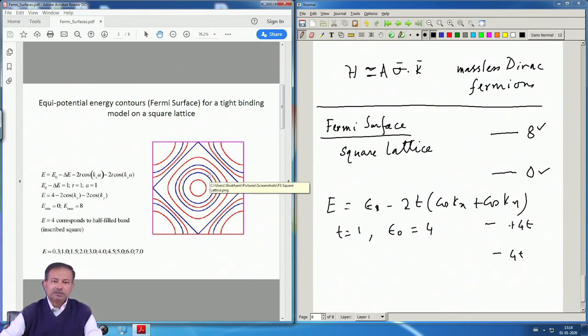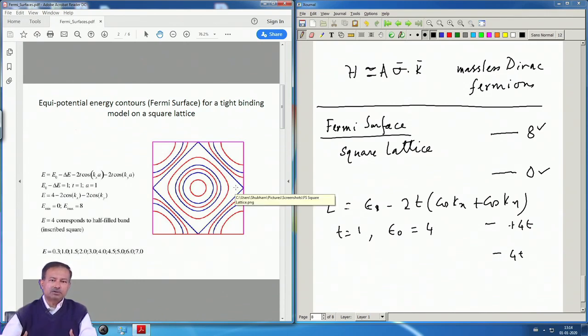Basically it means that if you change k, your energy does not change, it just remains at a particular value, which is 0 here, E equal to 0. That means there are a large number of states at that energy, because you change your k slightly but your energy does not change. That means there are lots of k states at that energy, and this kind of Fermi surface is prone to distortion. They do not survive much in real crystals.